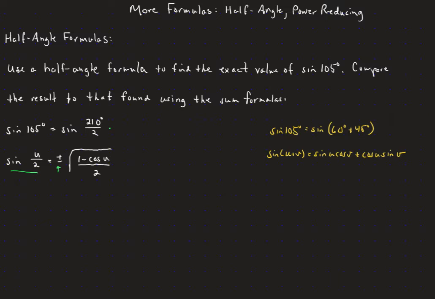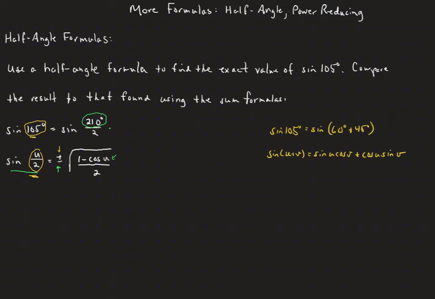We'll talk about that in a moment, of the square root of 1 minus cosine of u, all over 2. Now notice, this u right here corresponds to this u in our formula, and this u over 2 right here corresponds to the 105 degrees. So when we are determining whether it's going to be a positive or a negative, we're going to use this angle.